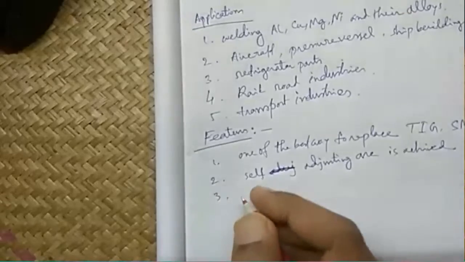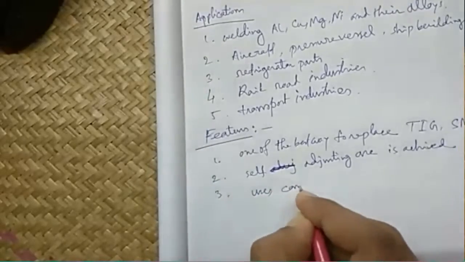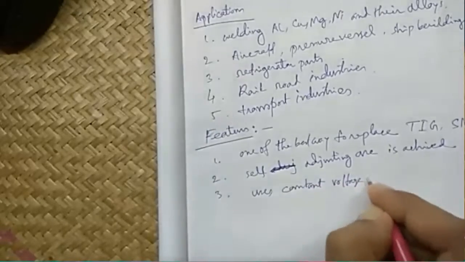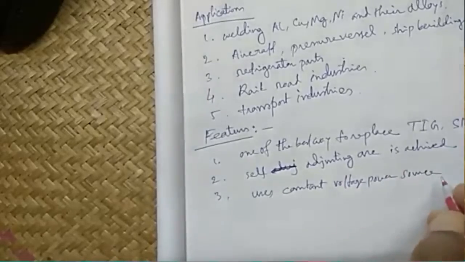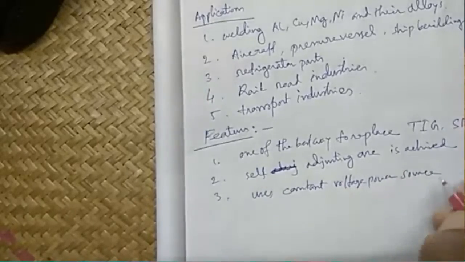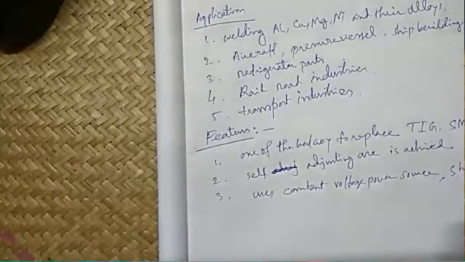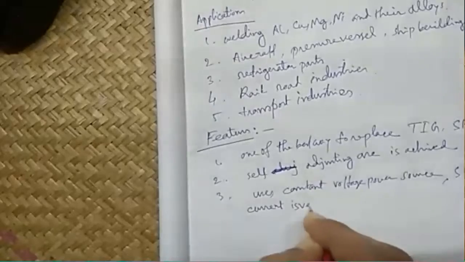Number 3, MIG uses constant voltage power source and short circuit current is very high.